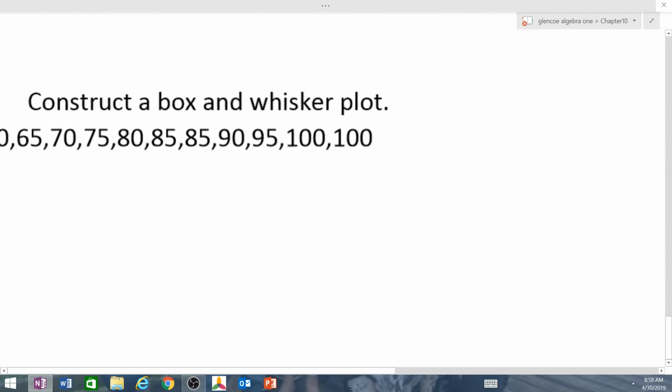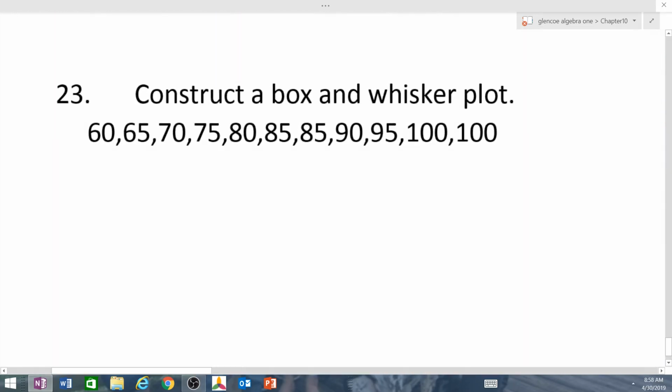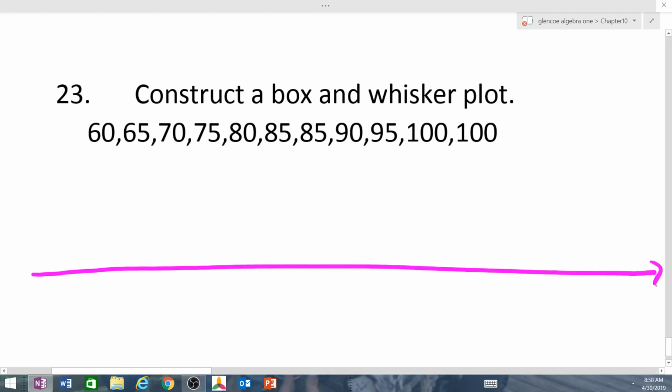Last but not least, construct a box and whisker plot. Did I put them in order for you? I think I did on purpose. Wow, that was nice of me. A box and whisker plot.